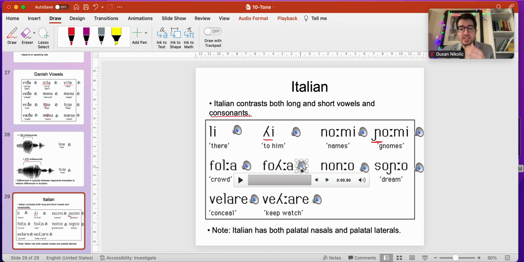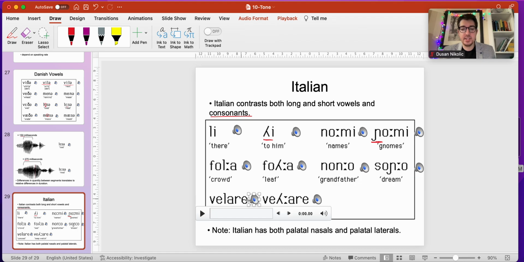Foglia, because you're trying to go from l to a right away. Nonno, sogno. And now distinction between long and short and long. Velare, vegliare. Right, as if you don't want to stop producing these consonants.